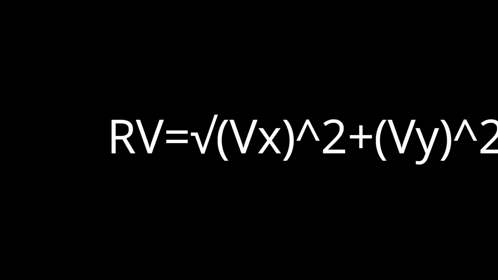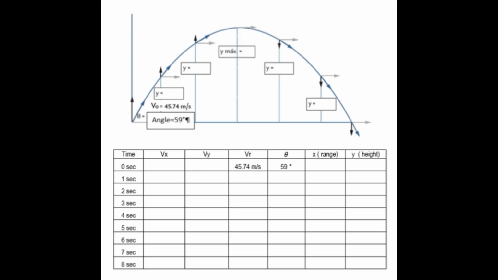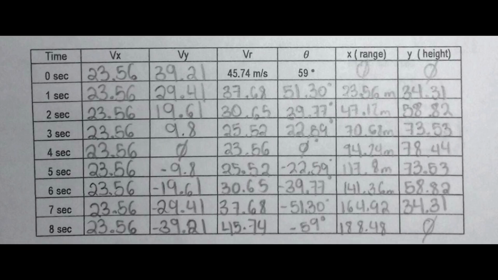We do it with all seconds, and we have that the vector in the second 1 is 37.68, in the second 2 is 30.65, in the second 3 is 25.62, in the second 4 is 23.56. But in the second 5 we notice that we have the same vector as in the second 3. In the second 6 we have the same vector as in the second 2, and so on.